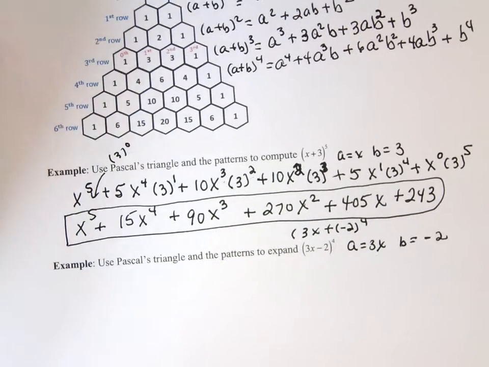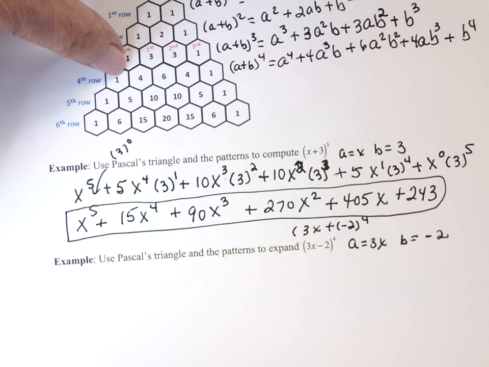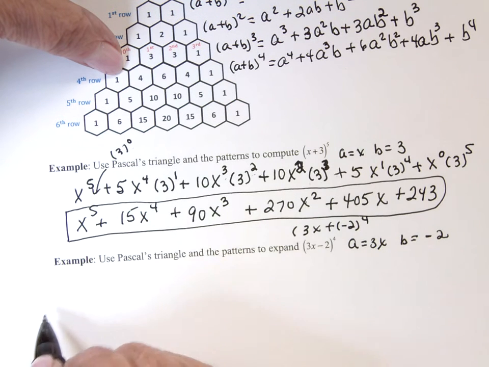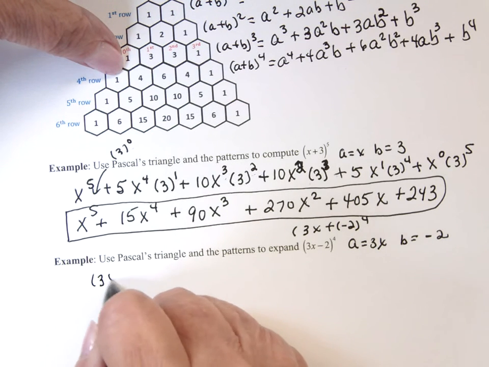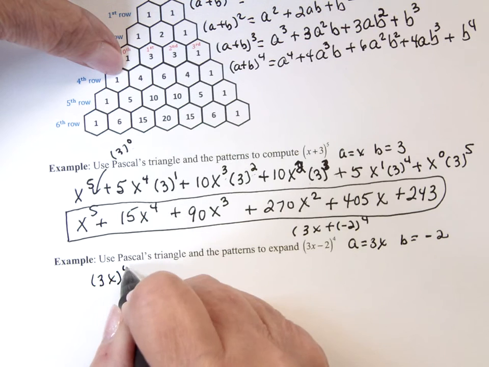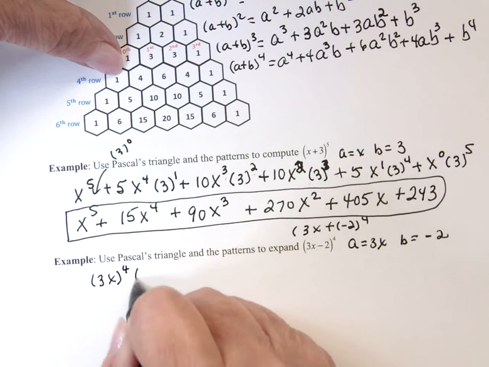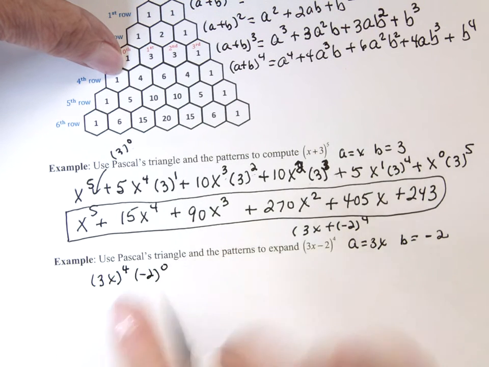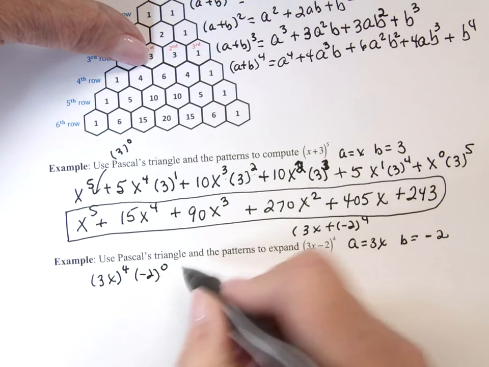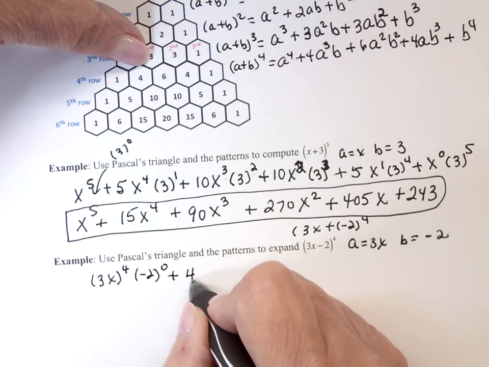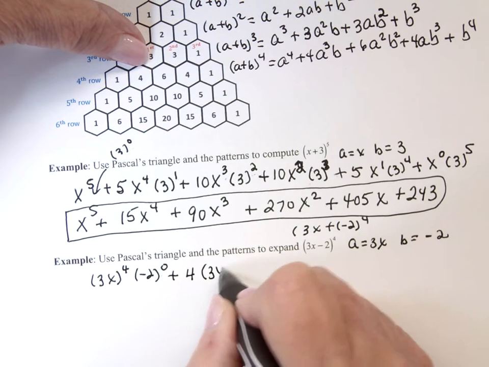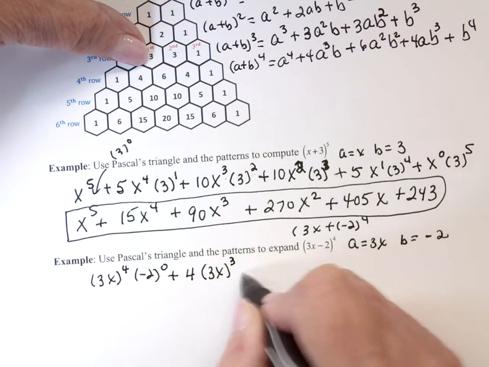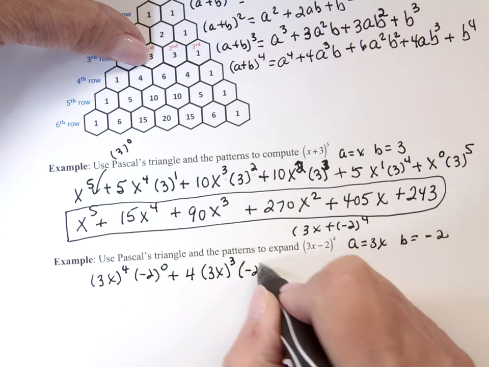Using Pascal's triangle, the 4th row is to 4th power. So it is going to be 1 times 3x to the 4th, negative 2 to the 0. These two powers should add up to 4. Plus 4 times 3x cubed times minus 2 to the 1.